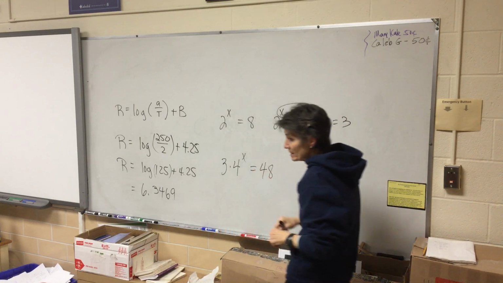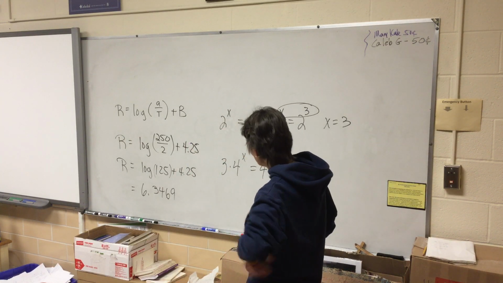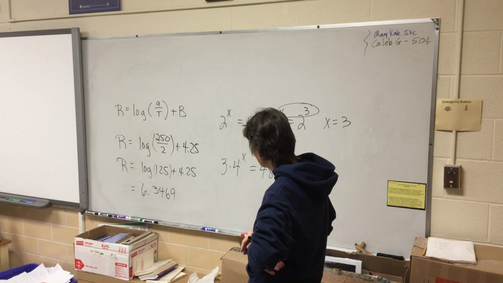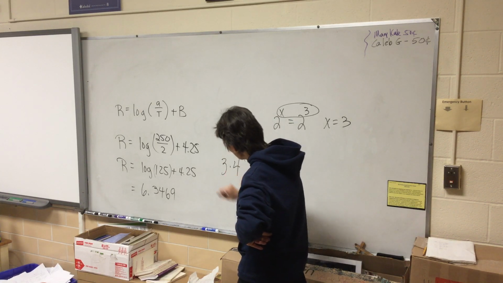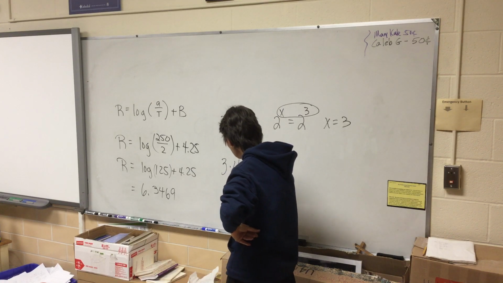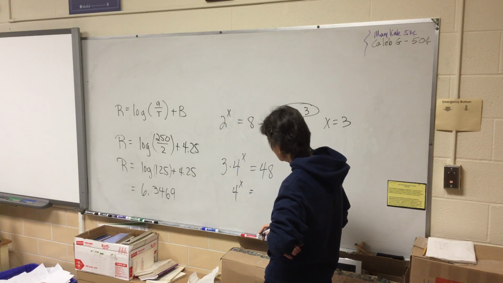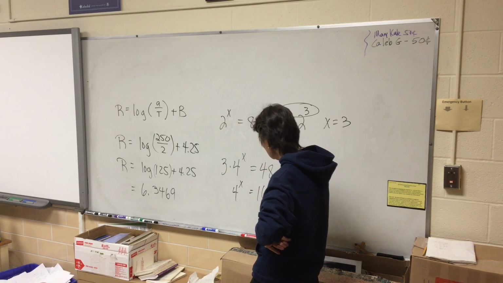2 to the third is 8. And again, that one's so easy, you probably figured that out quickly. Now this is similar, except it's got this 3 out here. So let's divide by 3, get rid of that 3, and 48 divided by 3 is 16.